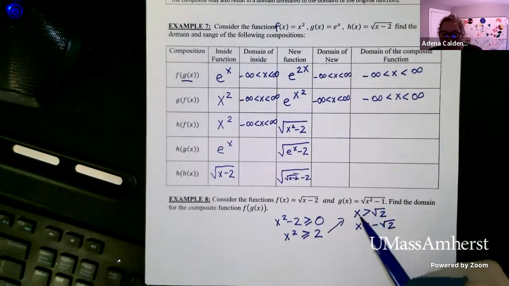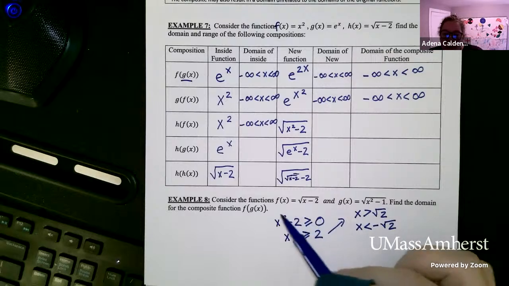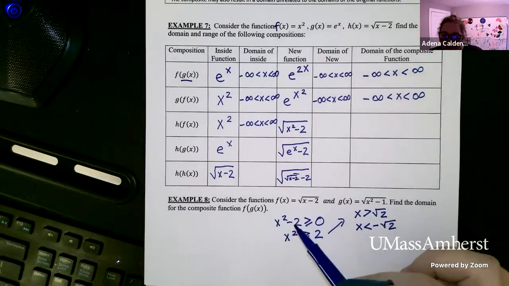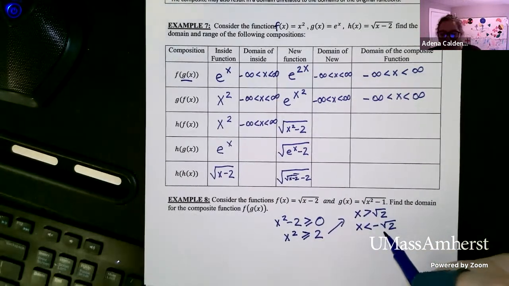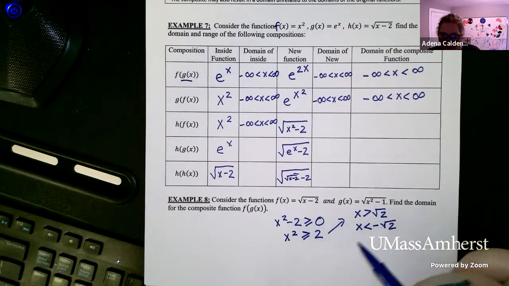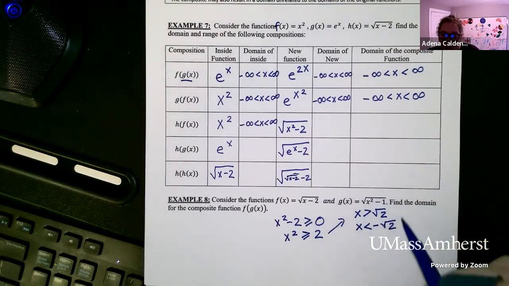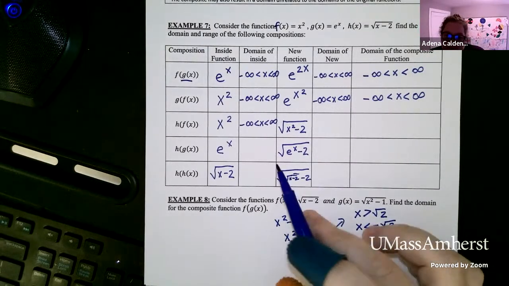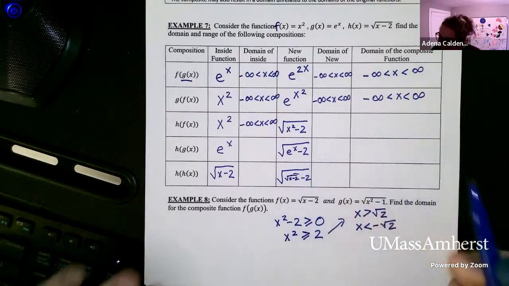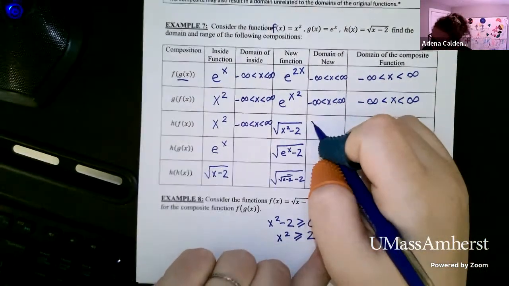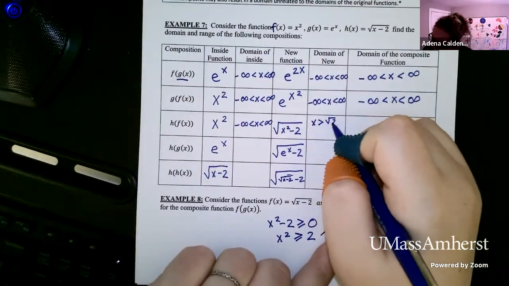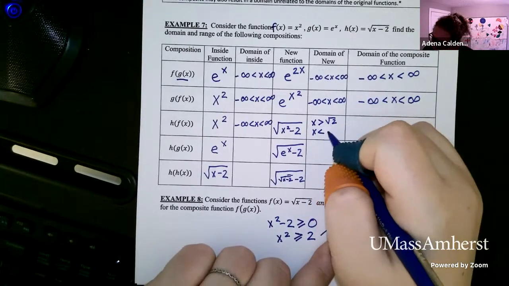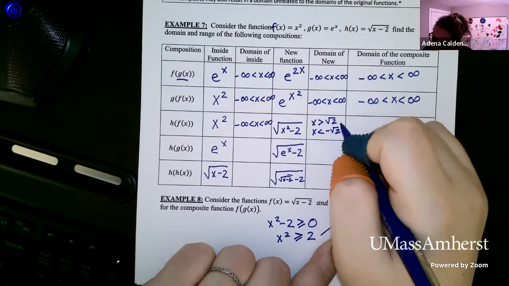As long as x is bigger than the square root of 2, the x squared term is bigger than 2. And if it's less than negative square root of 2, it's also bigger than 2. So these are the conditions that allow the stuff under the square root to always be positive. So the new domain is that x has to be greater than the square root of 2 or less than negative square root of 2.